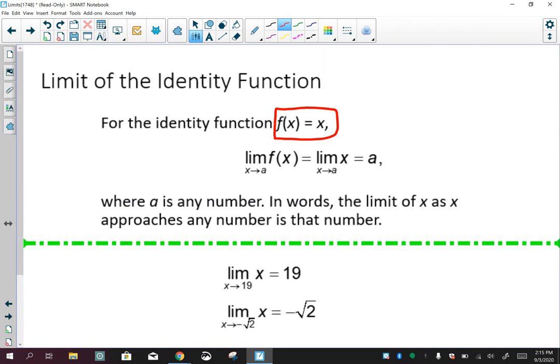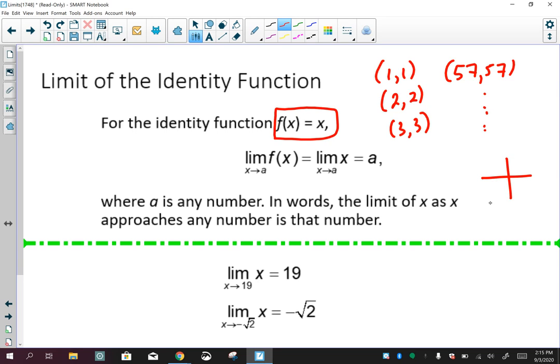And if you think about it, if I was to plot these points, I'm plotting points of 1, 1, 2, 2, 3, 3, 57, 57, and so on and so on. So all those points are always going to be the same. And so when I plot all that, I've got this line that's going in that direction.